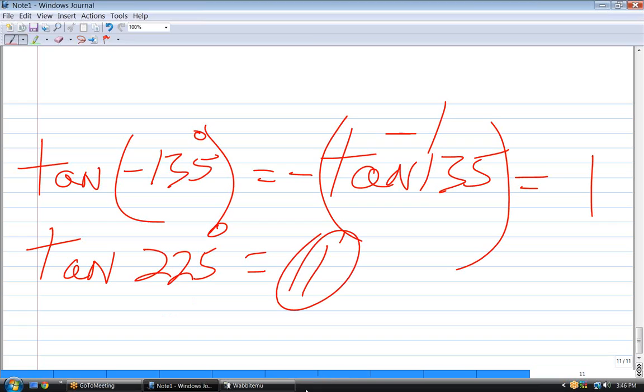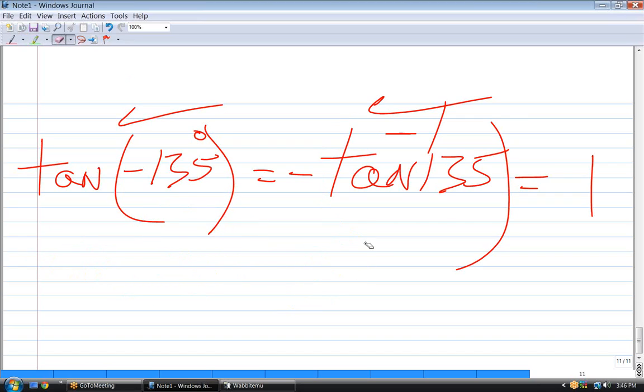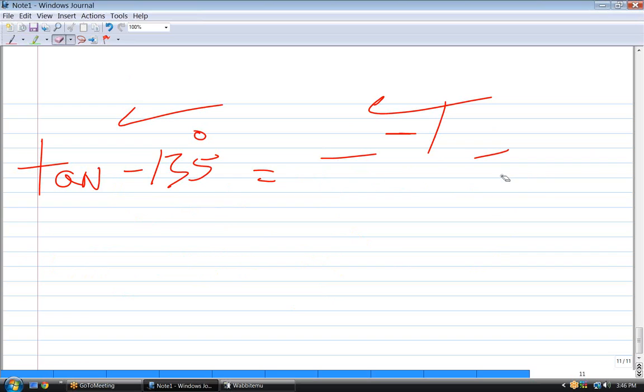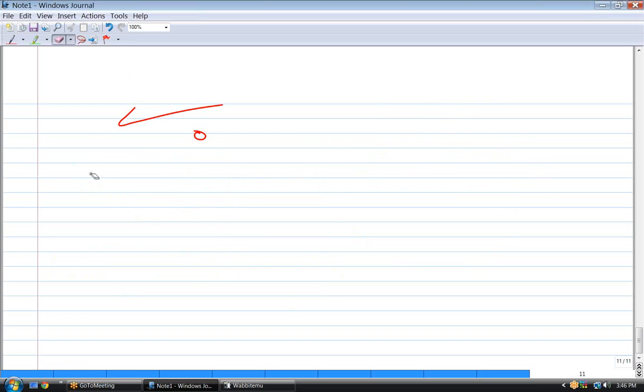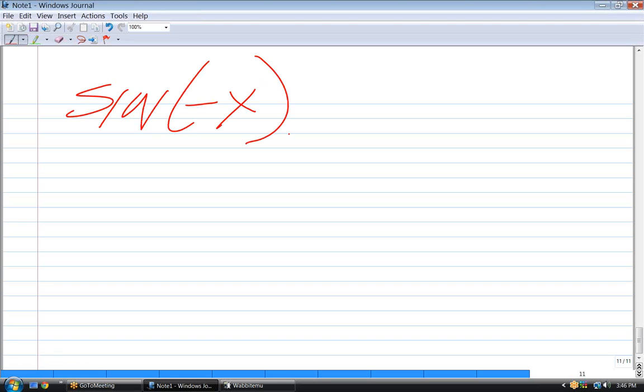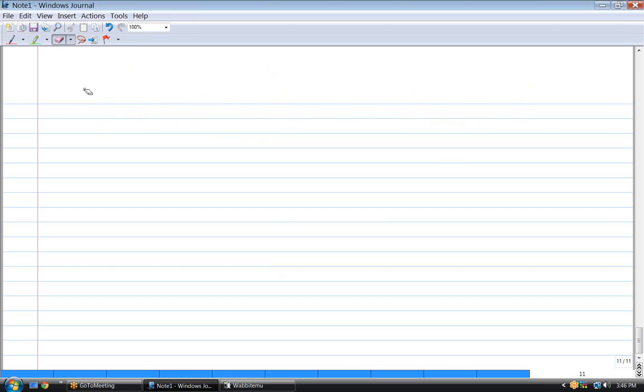So it's not that hard to do it the hard way, but there are going to be cases where it's 2 steps longer to translate it to a positive angle than it is to use the properties of odd or even. You want to know those properties anyway, because you're going to end up having problems like, what's the sine of minus x? And you have to be able to turn that into minus sine of x. So you want to know those odd-even properties.